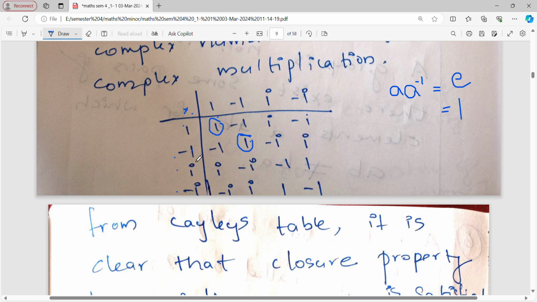So in the case of minus 1, the inverse is minus 1. Next comes i. Multiplying i with what gave you 1? 1 is here, so i into minus i gave you 1. So the inverse of i is minus i. And in the case of minus i, minus i into i gives you 1. So i is the inverse of minus i.